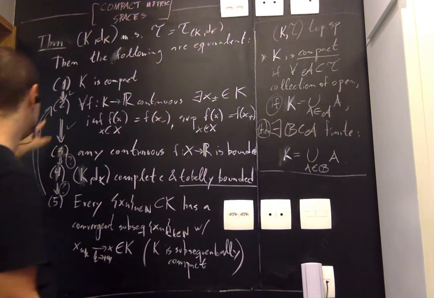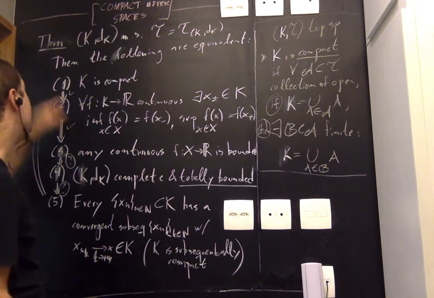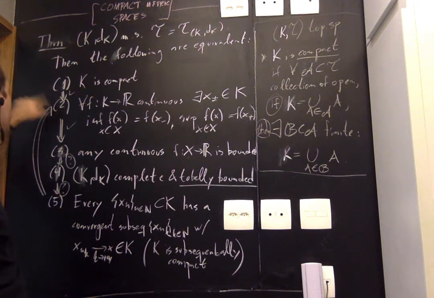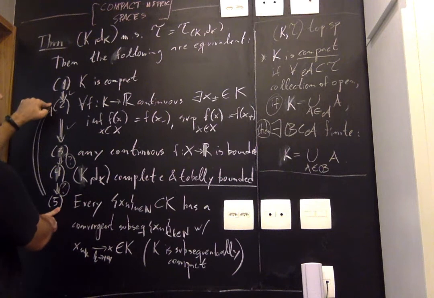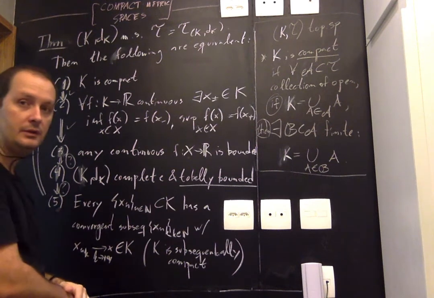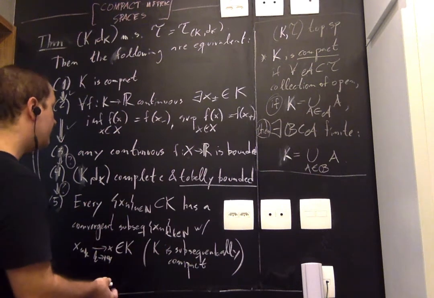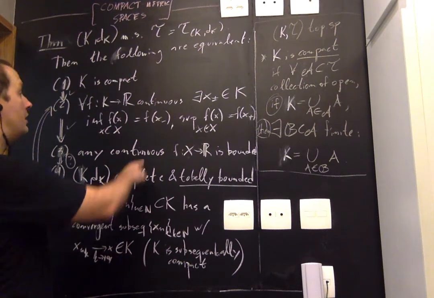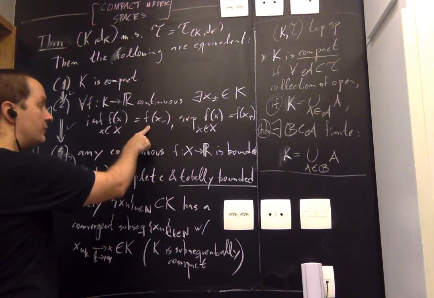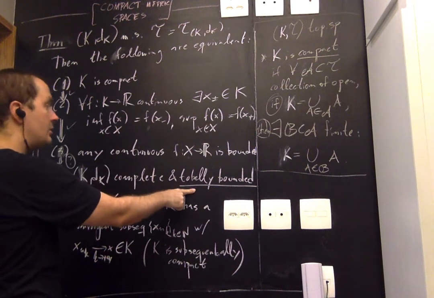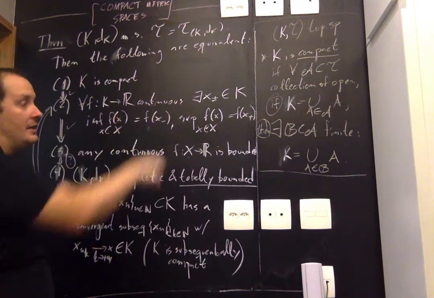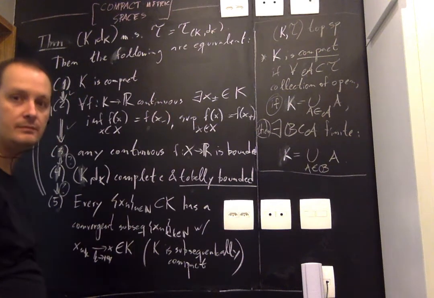Therefore, all from two to five are equivalent. We're still missing something, right? So eventually I have to prove that all of these properties together imply one. And in fact, what we're going to do is to show that if I have a metric space where all continuous functions achieve the inf, and this metric space is also totally bounded, then it has to be compact according to the topological definition.